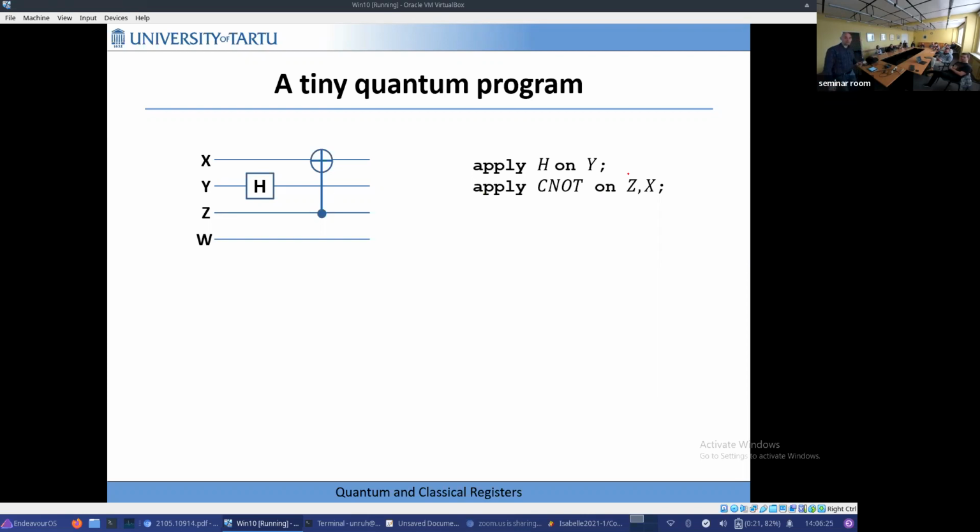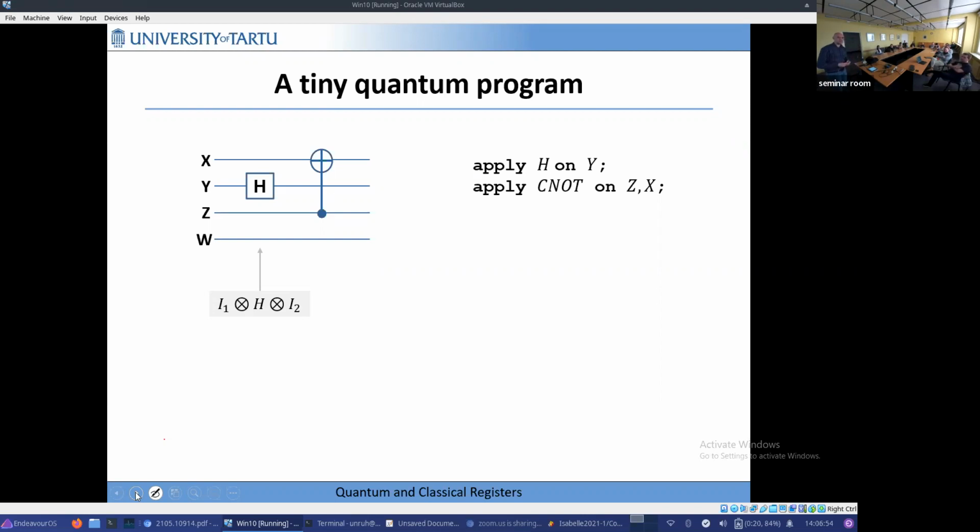Now, the problem is that if I want to actually write down formally what this is, the H is just a unitary transformation on a 1-qubit system, 1 quantum bit. But if I want to write down the semantics of this whole program, I need to say, what is H seen as an operation on the whole system?